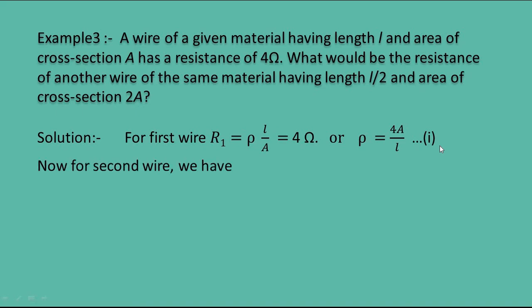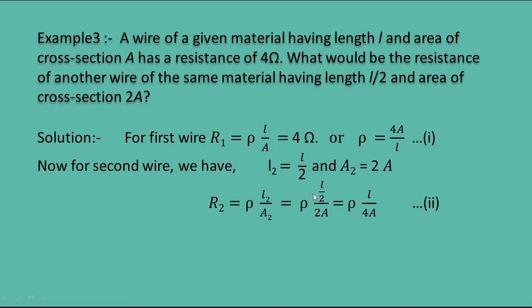For the second wire, L2 equal to L by 2 and A2 equal to twice A. R2 equal to rho L2 upon A2.